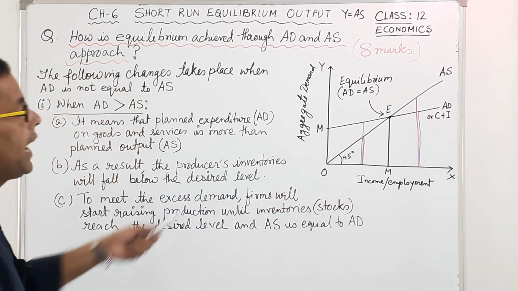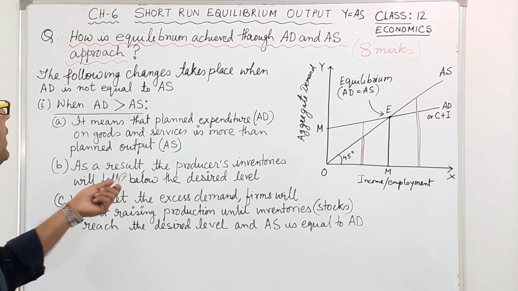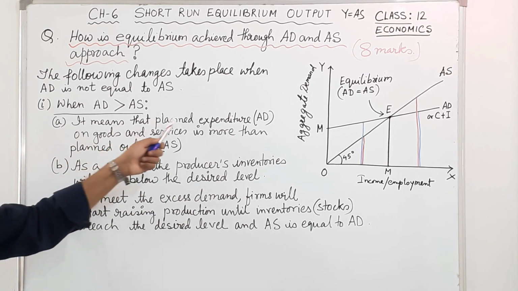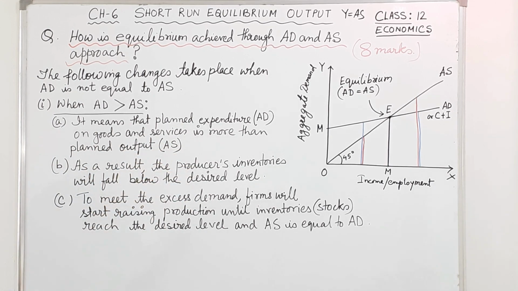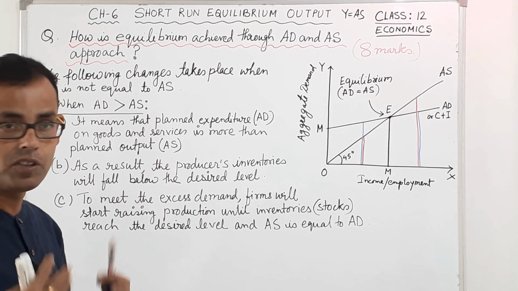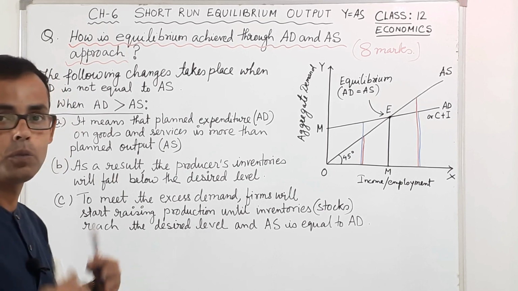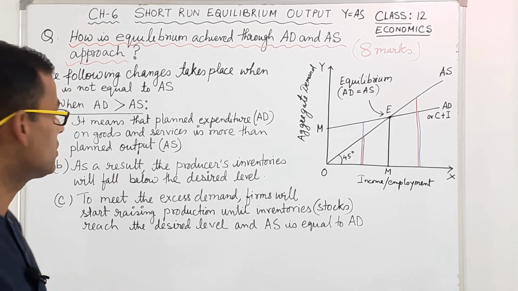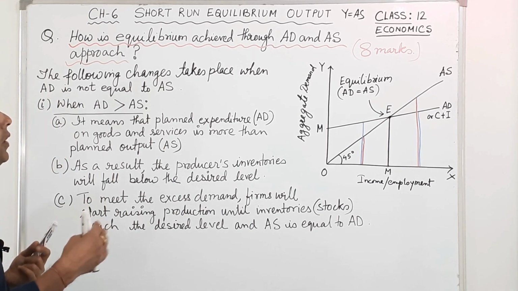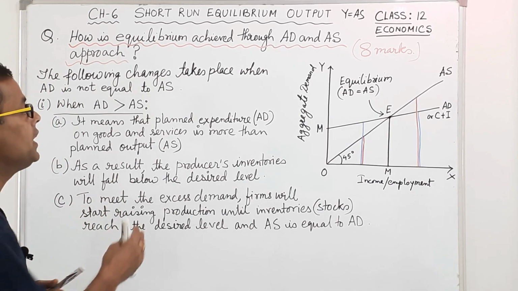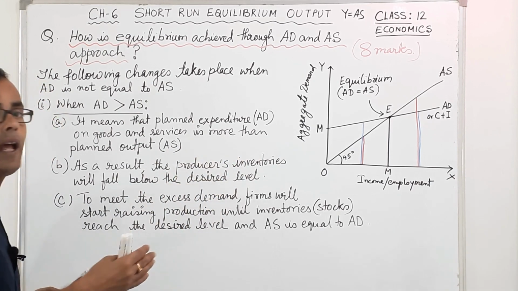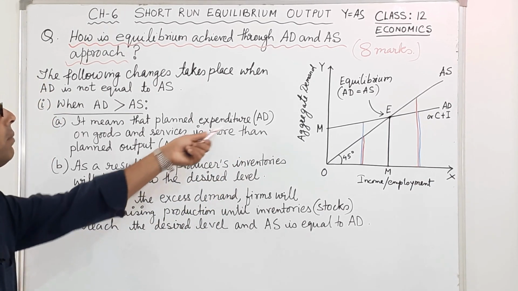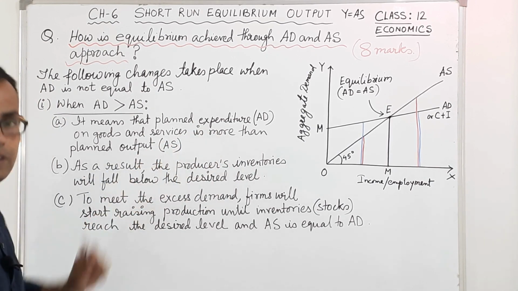So aggregate demand is more than aggregate supply. What does it mean? Number A, it means that the planned expenditure on goods and services, consumers are planning to buy this good, that good, and whatever expenses they plan to do is more than the planned output, that means the supply. That means demand is more but supply is less.